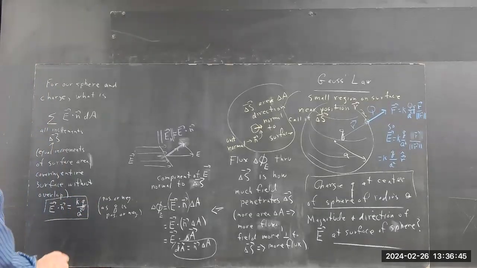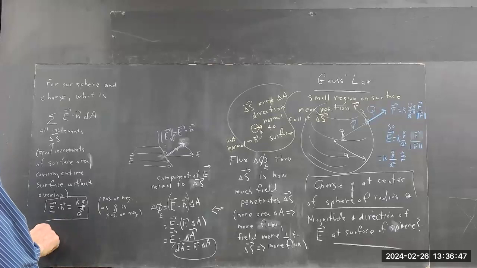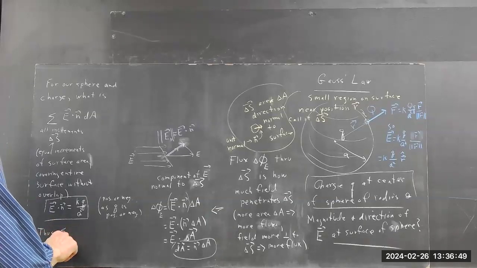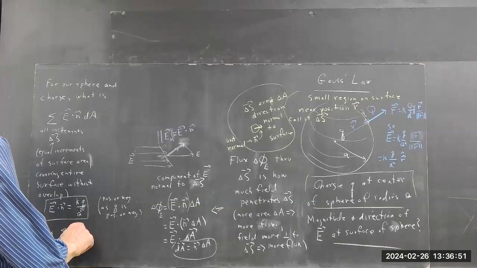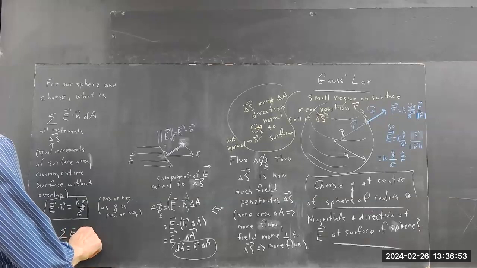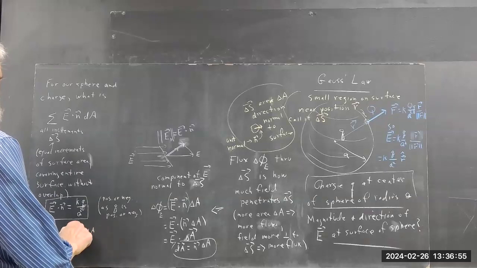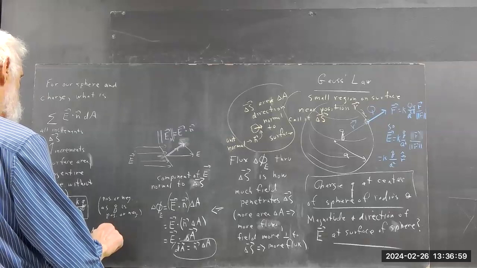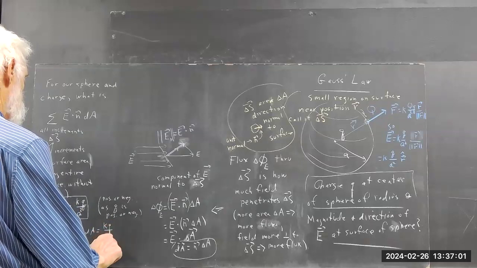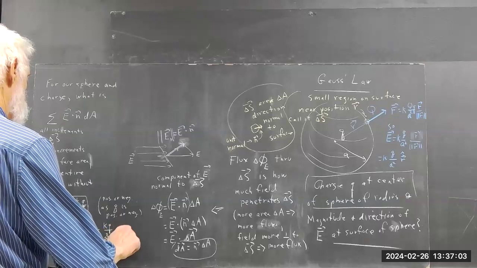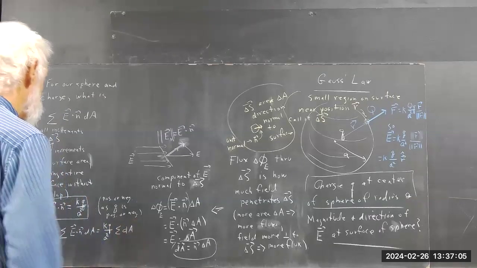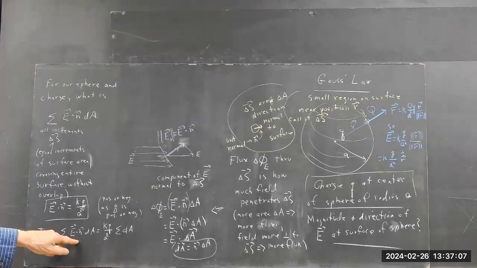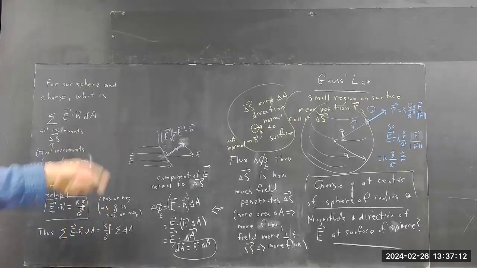Then E dot N is a constant. It can be pulled outside of your summation by the distributive law.